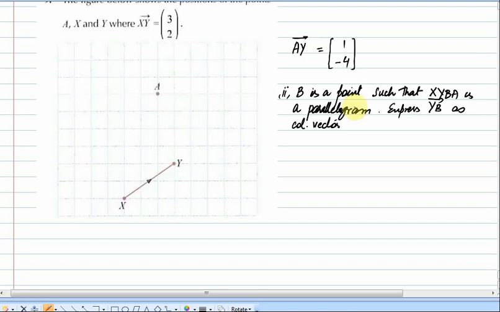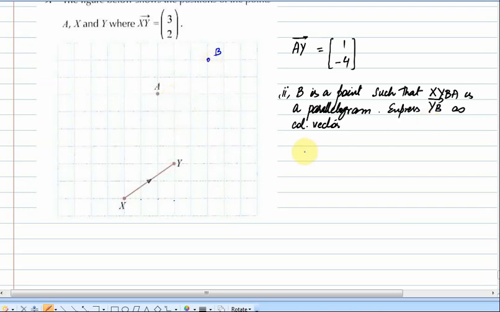The first thing, it is a parallelogram, right? So the vector from X to Y or the vector from A to B, they must be equal. If from X to Y it's 1, 2, 3 units to the x and 1, 2 units to the y, from A I will do the same, 1, 2, 3 and 1, 2. That should be my point B, right? Because it is a parallelogram. Opposite sides must be equal and parallel.